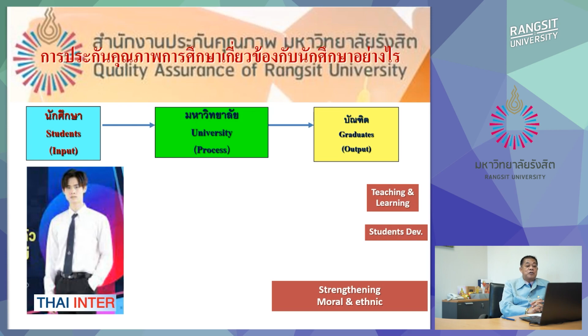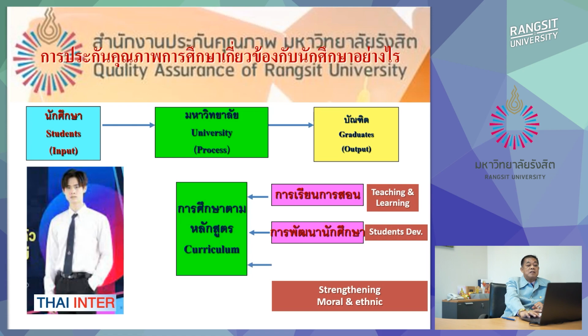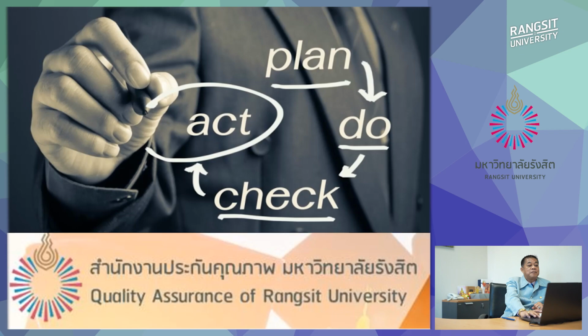They would be the graduates. They would study in a very good and right curriculum. They would have teaching and learning methods. They would attend student development, and finally they strengthen their morals and ethics.